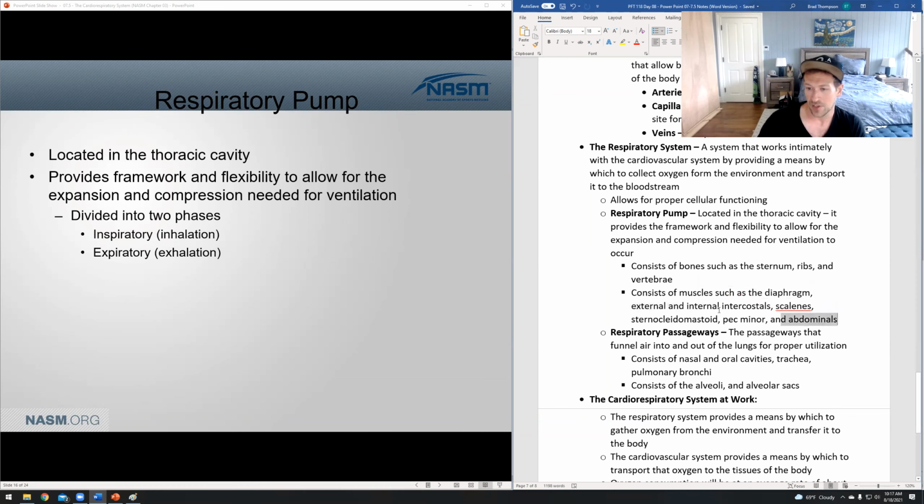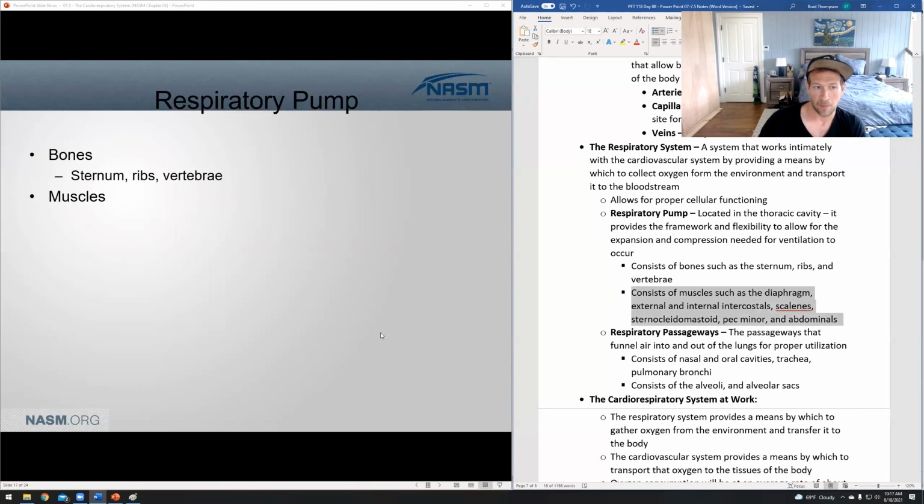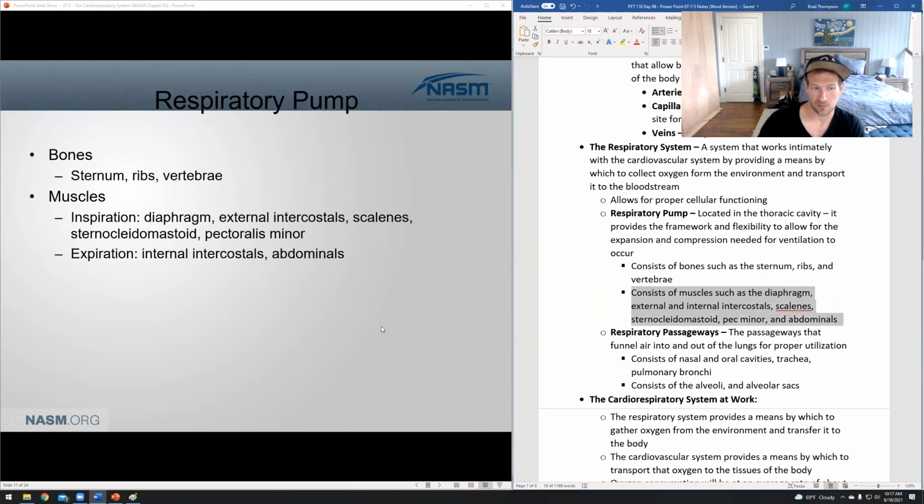Now, I mentioned a lot of muscles here, but of those muscles, you have primary respiratory muscles and secondary respiratory muscles. We're not breaking those down today, but they become very, very important later. Primary respiratory muscles have one job: to respirate.